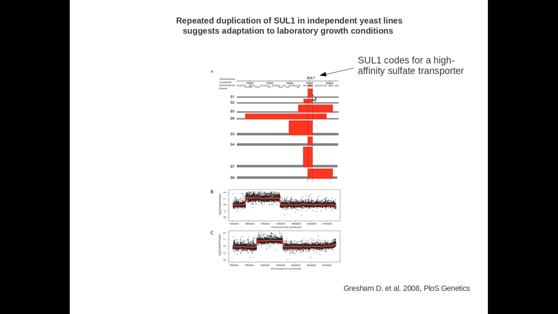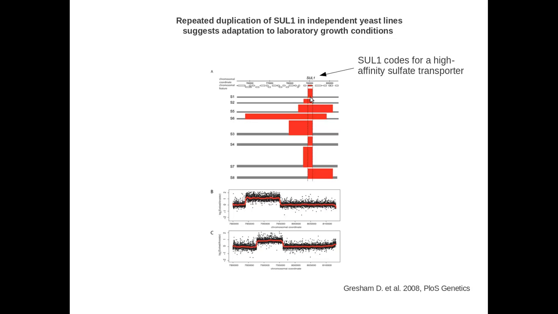And the idea here is that this leads to the overexpression of a gene called SOL1, which is a high-affinity sulfate transporter, which improves the competitive ability of the mutant lines to sequester nutrients.